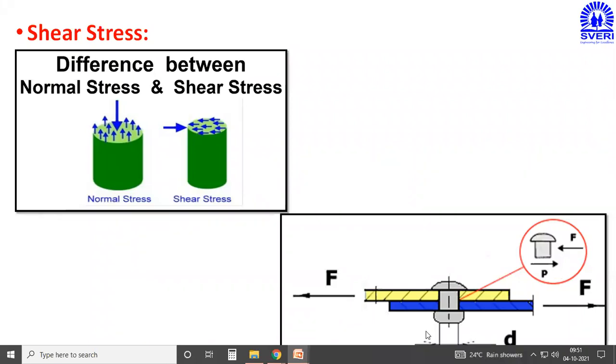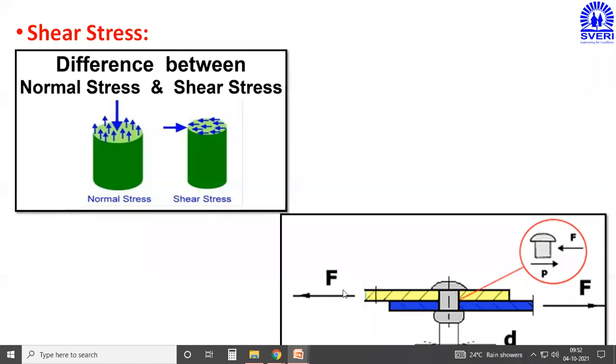So these two forces are not coaxial. These two forces are tangential to each other.